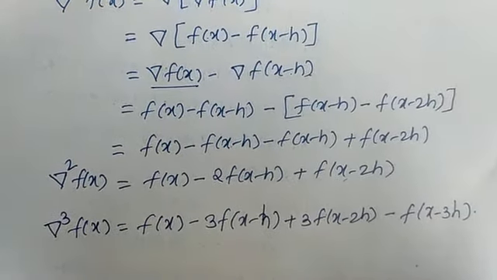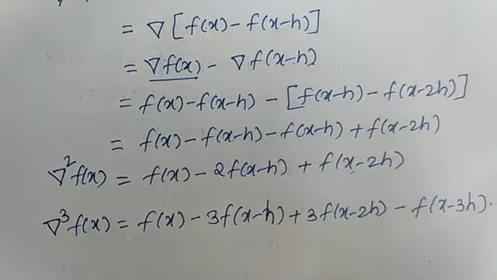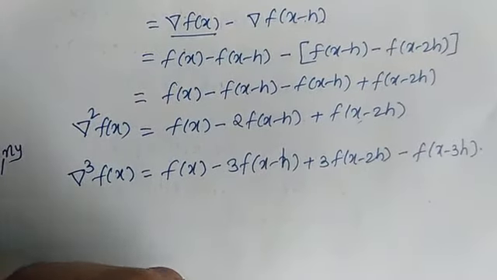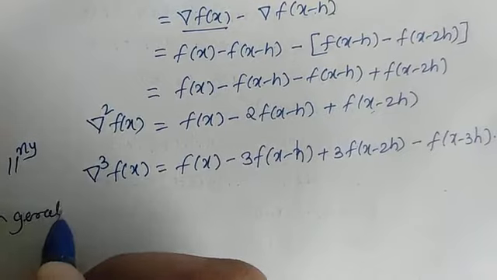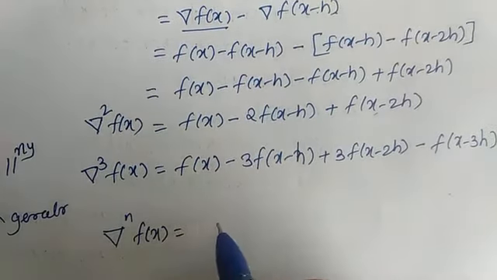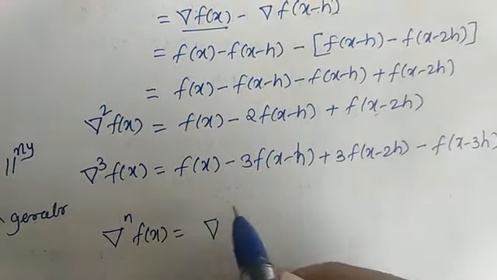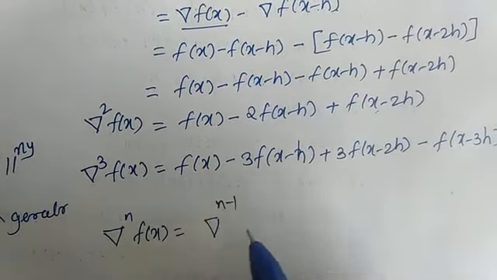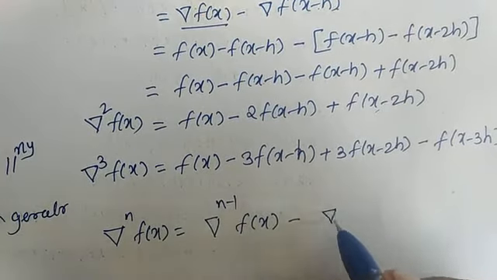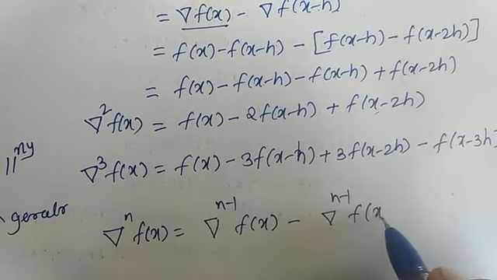Okay, this is the formula for ∇³ f(x). And in general, ∇ raised to n f(x) is equal to ∇ raised to n − 1 f(x) − ∇ raised to n − 1 f(x − h).